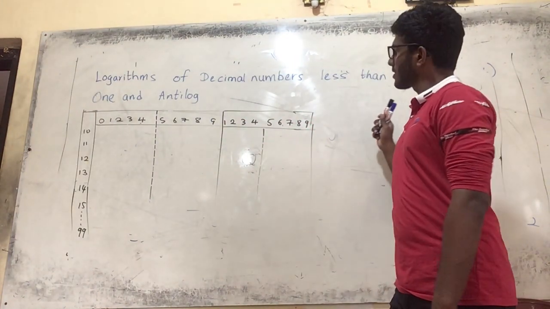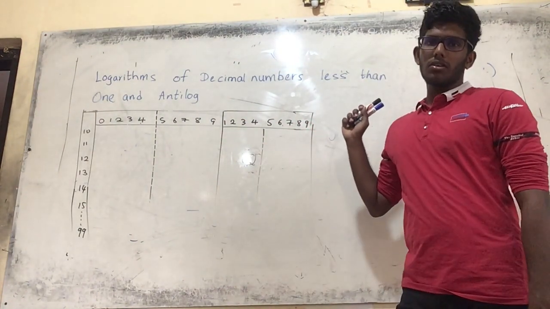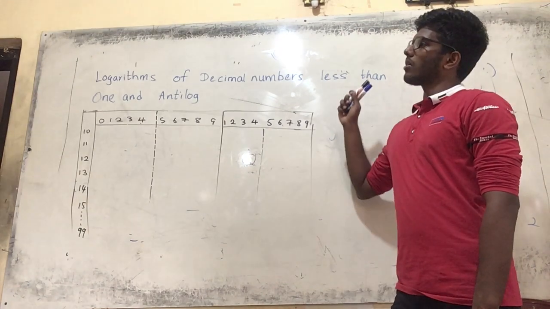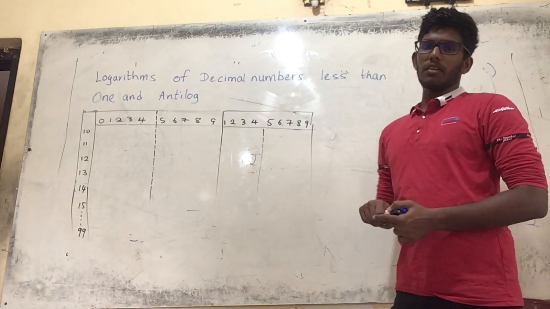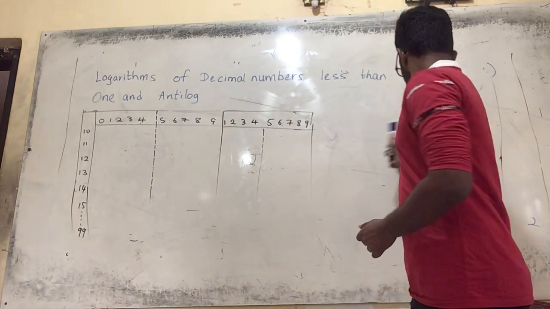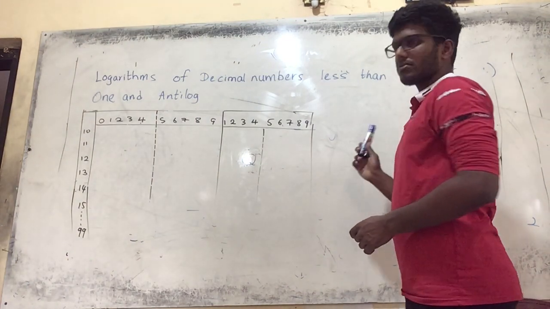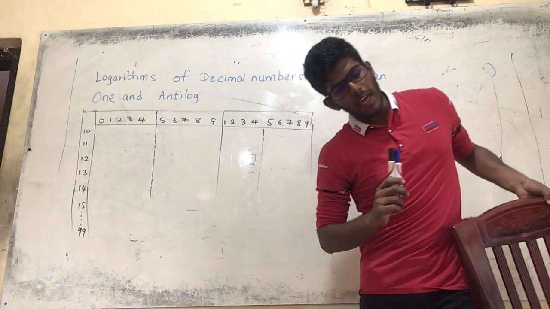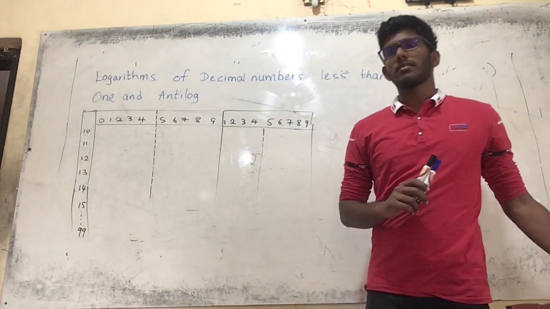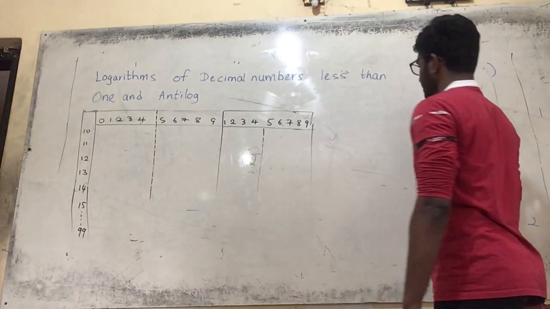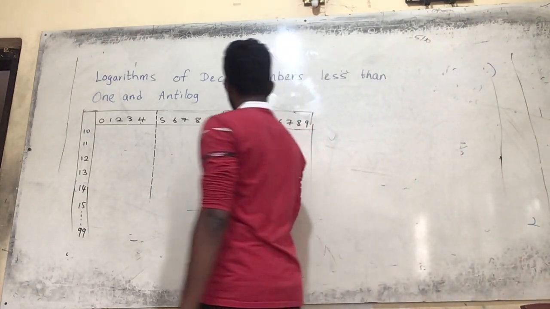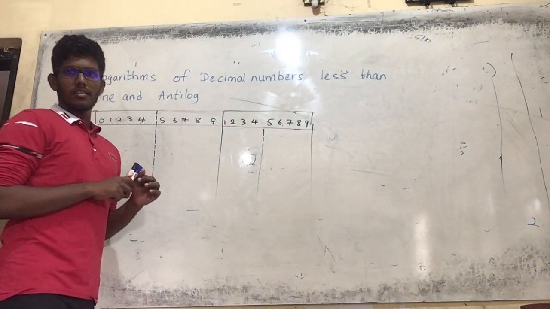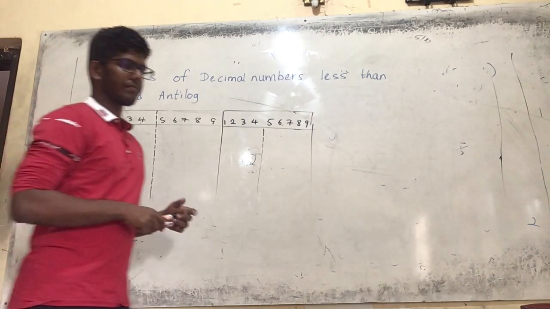But since A-level students are also watching this video and some of you might have forgotten, I am doing the theory of logarithms of numbers more than 1 as well. So I will do more than 1, less than 1, then antilog, right?